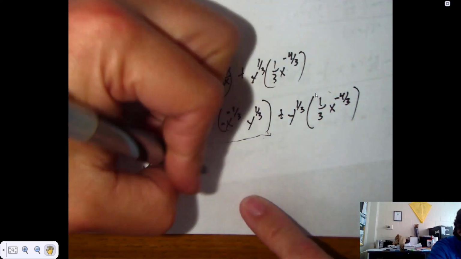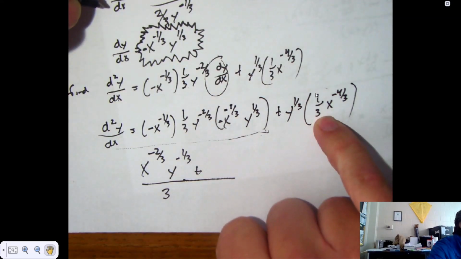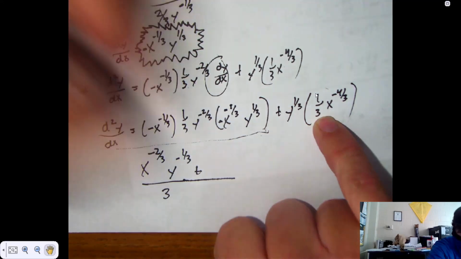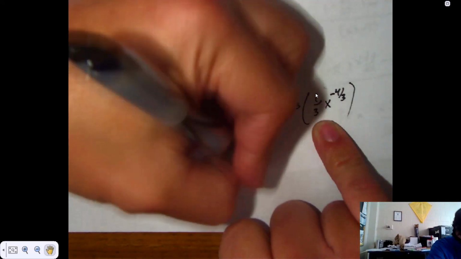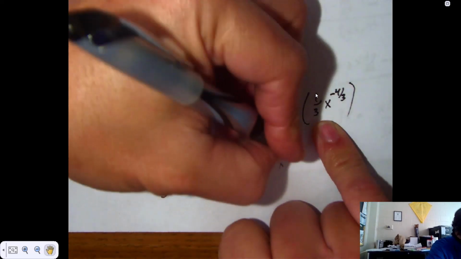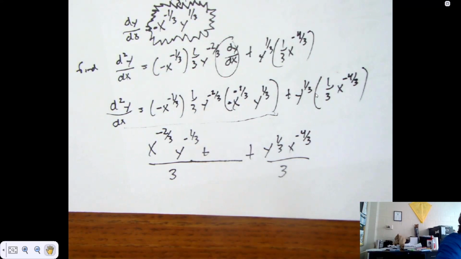Now we've got a plus sign here. Is this thing also going to be over a 3? It is: y to the 1/3, x to the negative 4/3, sitting over a 3. Those two fractions have the same denominator, so they can be added, can't they? So add them. You just put them together as a singular one.